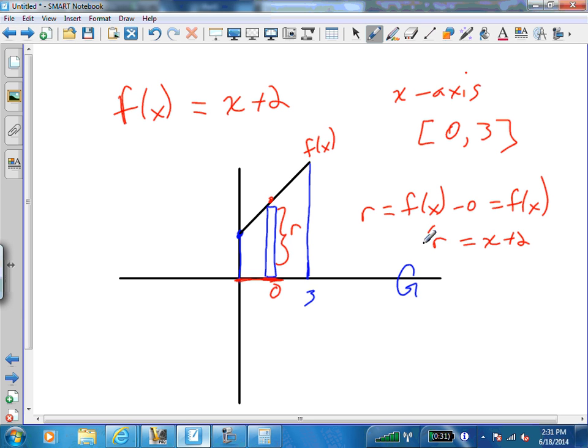So our radius is x plus 2. Notice that our radius is a function because the radius here is different than the radius here. As our x changes, our radius is getting larger. What is the actual value of it here? 2. What's the value of our radius here?